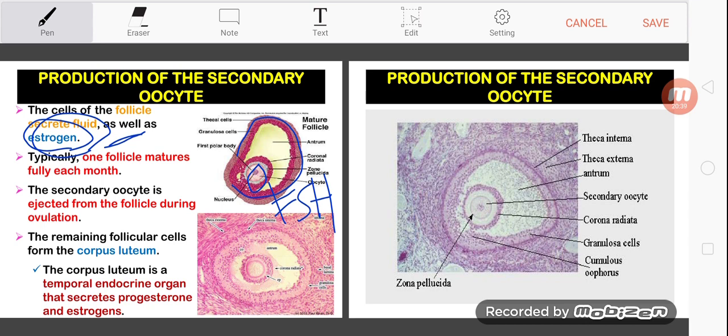This is the hormonal regulation. After ovulation, corpus luteum is the remaining follicle cells left behind after ovulation. This corpus luteum will take over the secretion of sex steroid hormones, estrogen and progesterone.